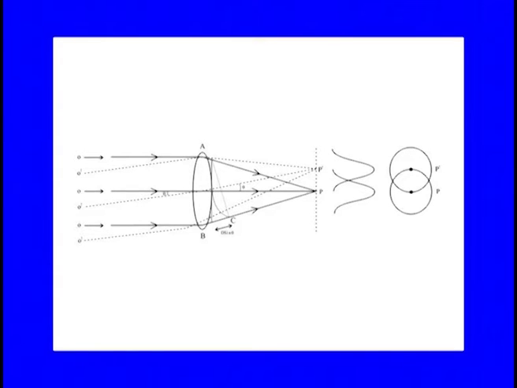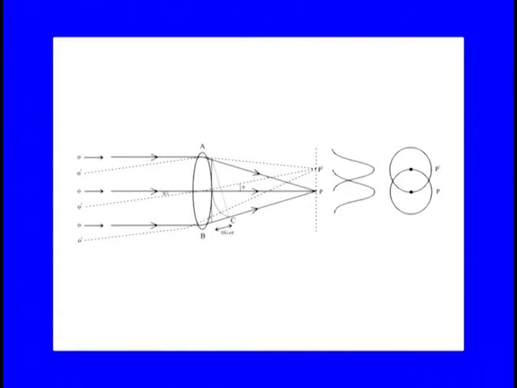These diffraction patterns overlap, and two point objects can be just resolved when, according to Rayleigh's criterion, the separation PP prime between the centers of two central maxima is at least equal to the radius of either one.